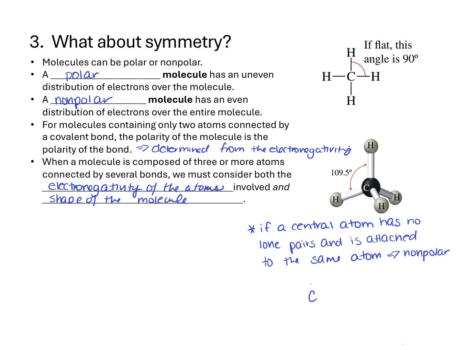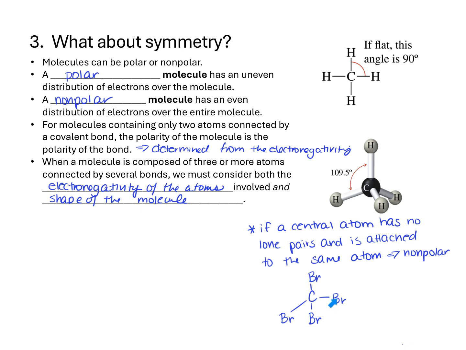So I want us to look at CBr4. CBr4 is a central atom surrounded by 1, 2, 3, 4 of the same things here. Now, I want to point something out. Carbon to bromine here, this is a polar bond because there's a difference in electronegativity.